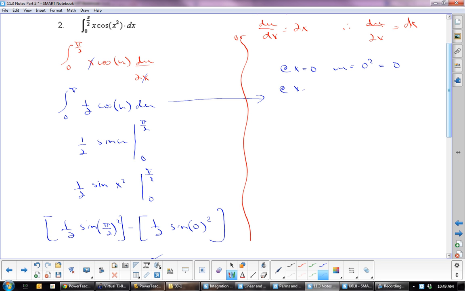At x equals pi over 2, u equals pi over 2 squared, which is pi squared over 4. Okay, so now my new integral would be 1/2 sine u from 0 to pi squared over 4.